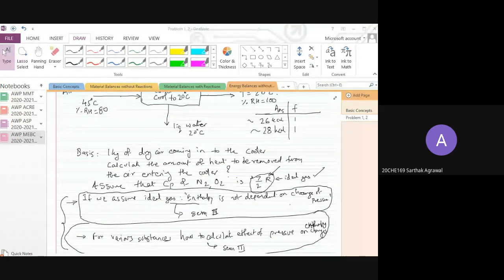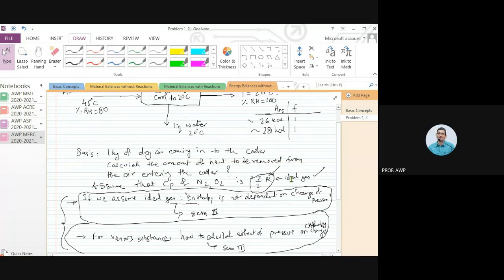So I'm getting the answer as 26.47 kilocalorie. 26.47. So shall we just say all these are around 27? Yes, sir. I got 27.8.